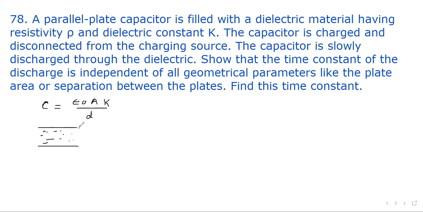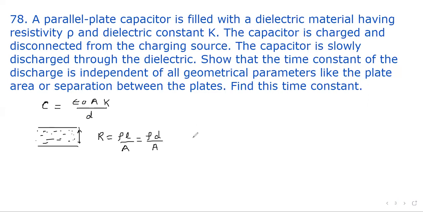Now, if we find the resistance of this dielectric, that will be R equal to rho L upon A. Here, L will be this separation, because we have to find the resistance of the dielectric. So we can write it as rho D upon A.